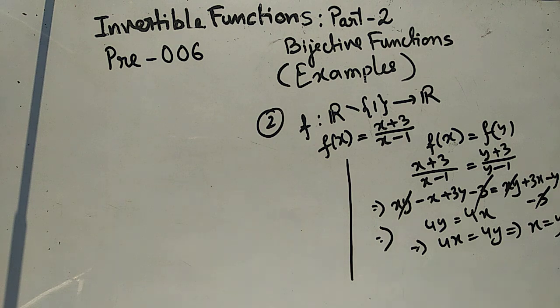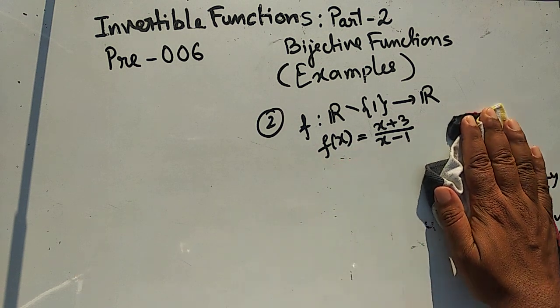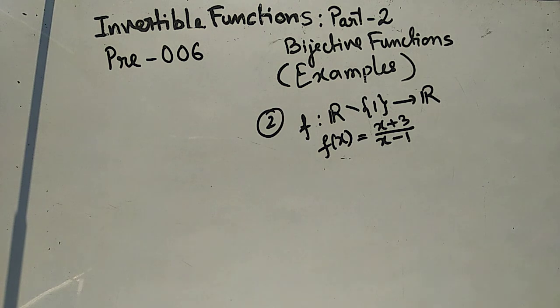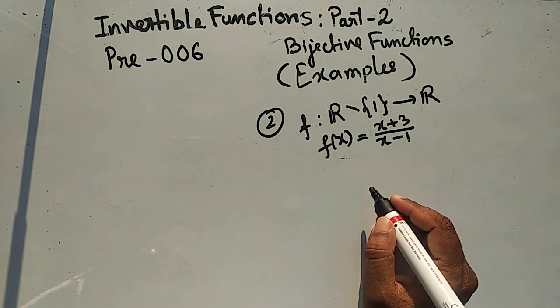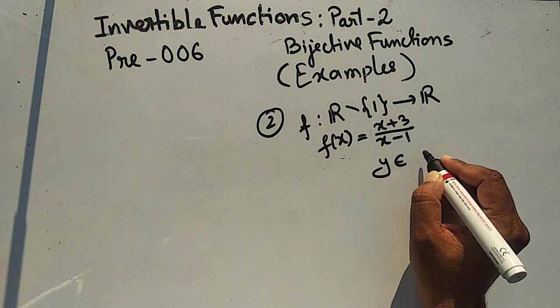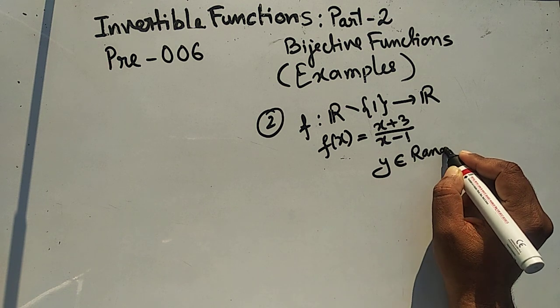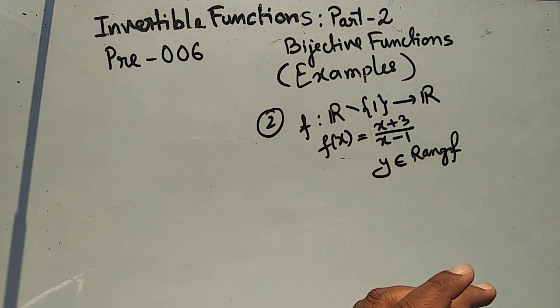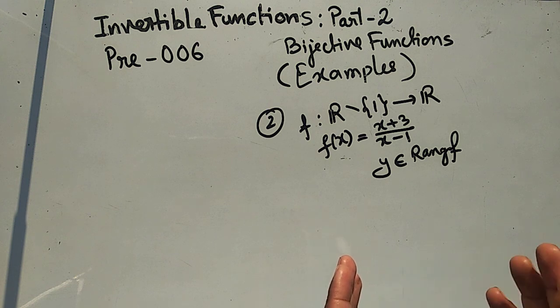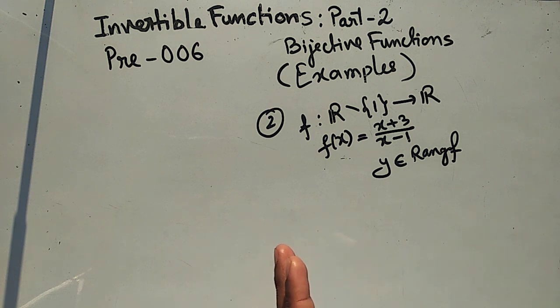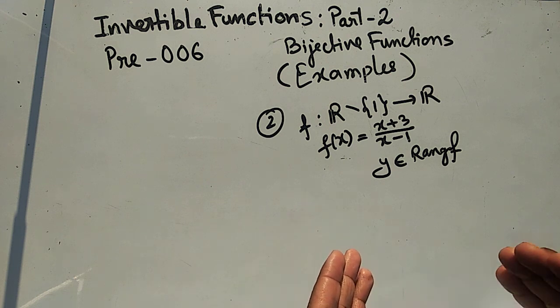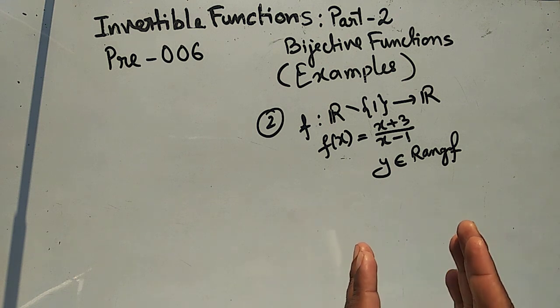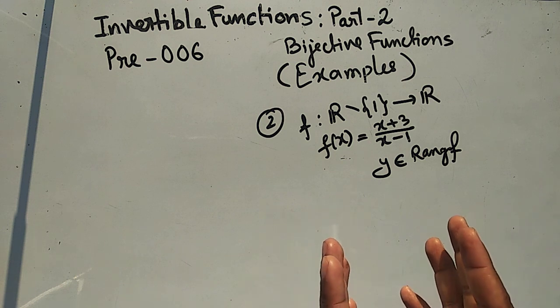Now, let us check whether the map is onto or not. For onto, we take a point from the range, because as we have discussed in part 1, a function is onto if its range coincides with the codomain. So to check whether this function is onto or not, we should have a clear knowledge about the range.